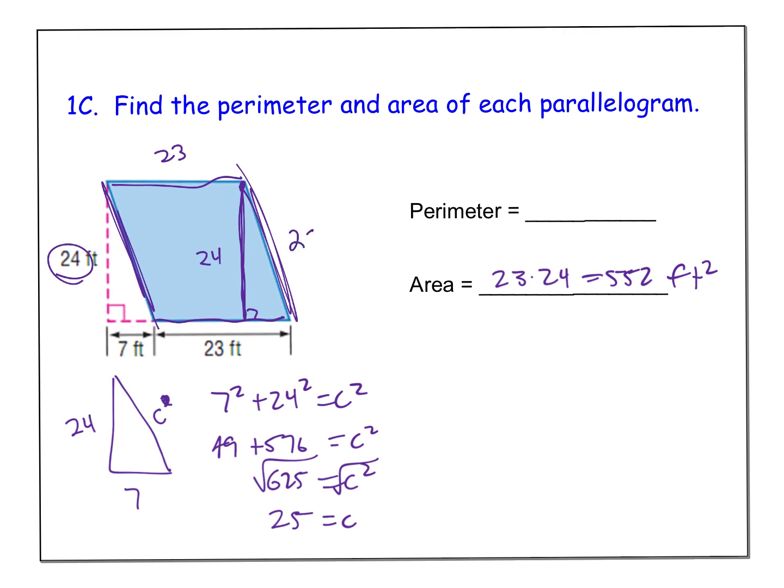So that means this is 25 and this is 25. So my perimeter, 2 times 25 plus 2 times 23. So that's going to be 50 plus 46. So that'll give me 96 feet. But again, all I'm doing is reusing the Pythagorean theorem to kind of help me out here.